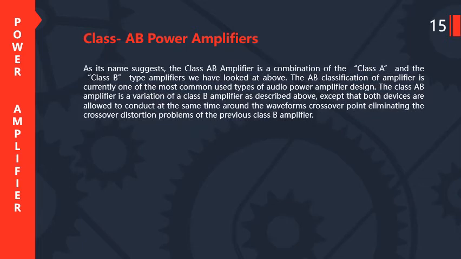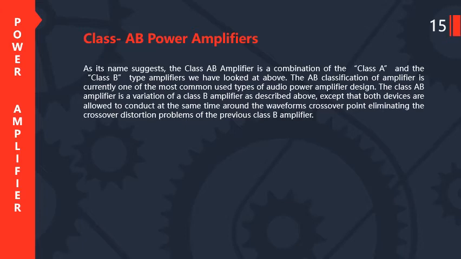As its name suggests, the class AB amplifier is a combination of the class A and the class B type amplifier we have looked at above. The AB classification of amplifier is currently one of the most commonly used types of audio power amplifier design.